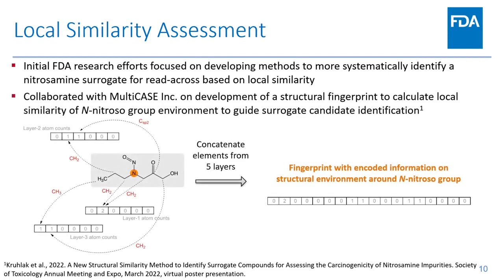So in order to do this, we worked with Multicase Incorporated under a research collaboration agreement to help develop a structural fingerprint that could allow us to capture the chemical structural information up to 5 bonds out from that N-nitroso group for a set of molecules. And that fingerprint could then be calculated for the untested molecule and then compared to other molecules in our database for which we already had data to find the ones that it best matched to help us really more objectively identify appropriate surrogates.